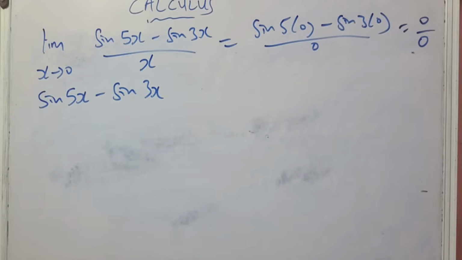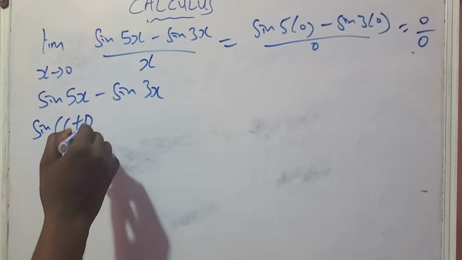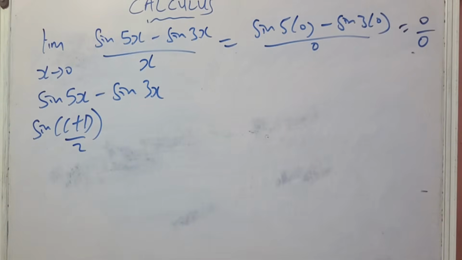This is what we call the sum and difference identity. And what does the sum and difference identity tell you in a case like this? When you have, if you remember when I gave you this, sine C plus D over 2.